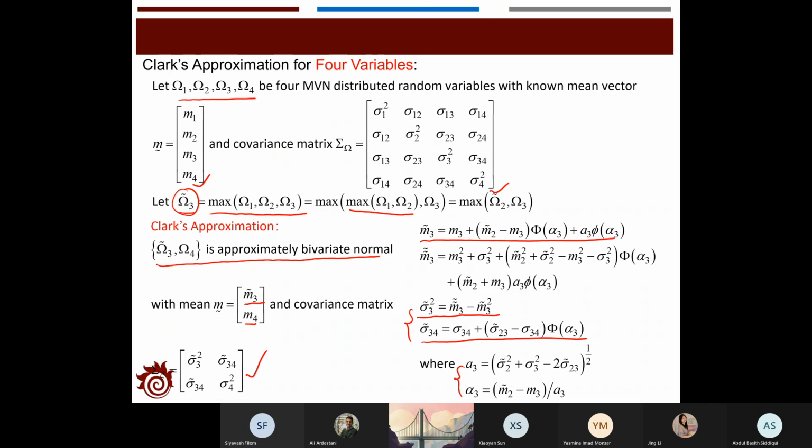We also need to use the 2 variables alpha 3 and A3 to calculate these variables M3, sigma 3 square and sigma 3 4.